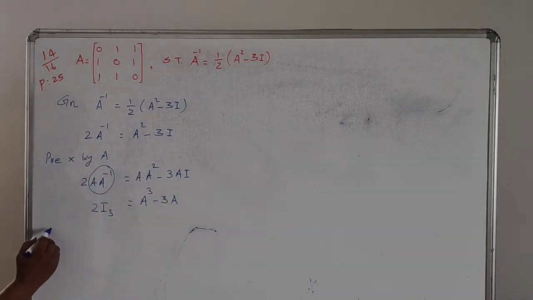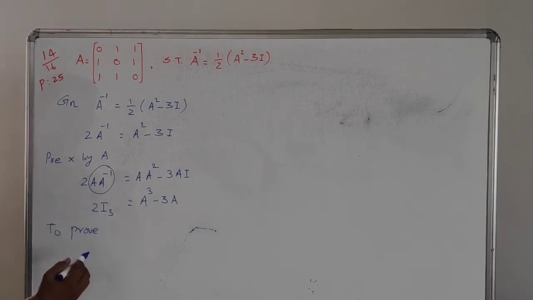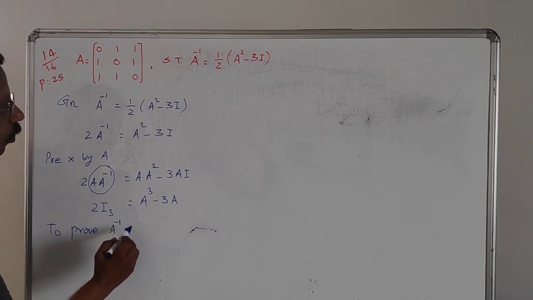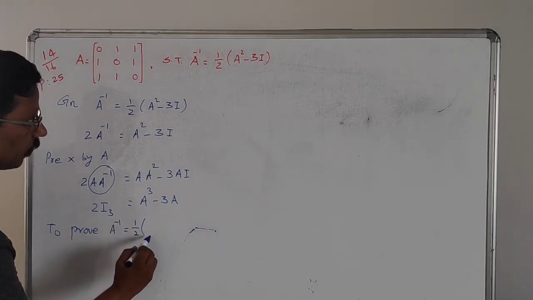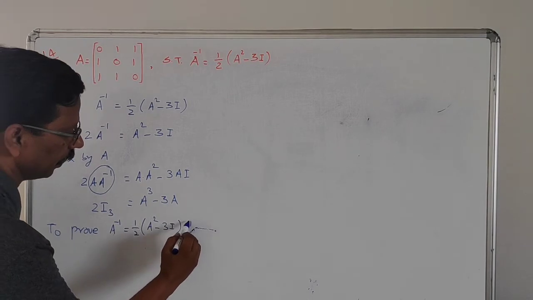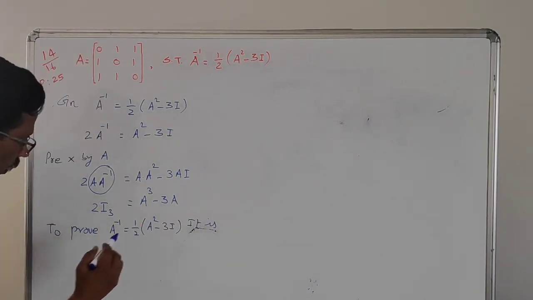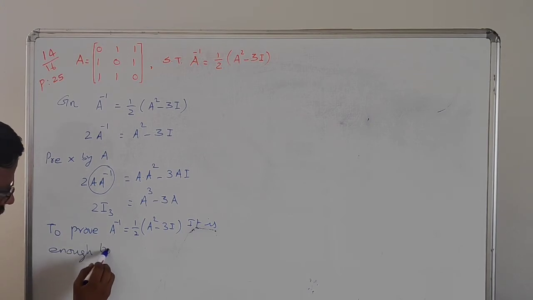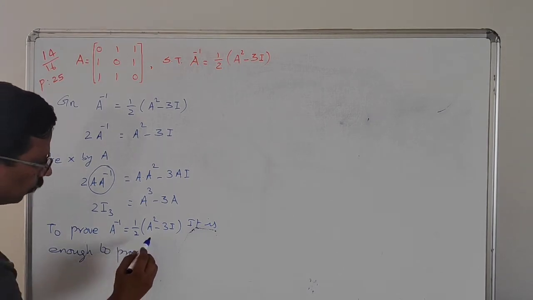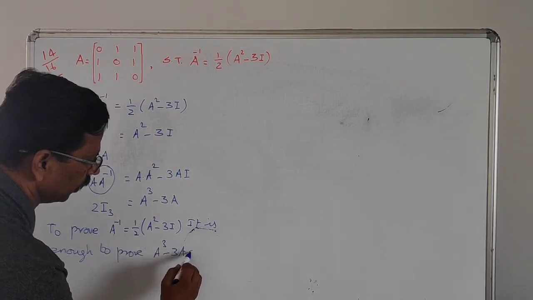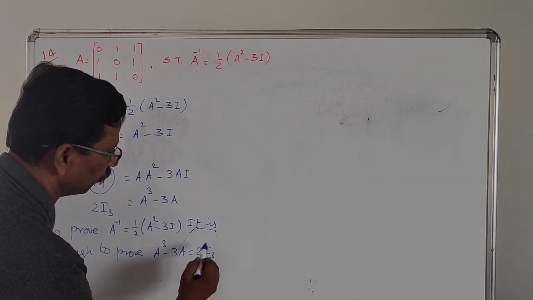Therefore, for that we can write, to prove this one, A inverse is equal to 1 by 2 times A square minus 3I, it is enough to prove A cube minus 3A is equal to 2I3.